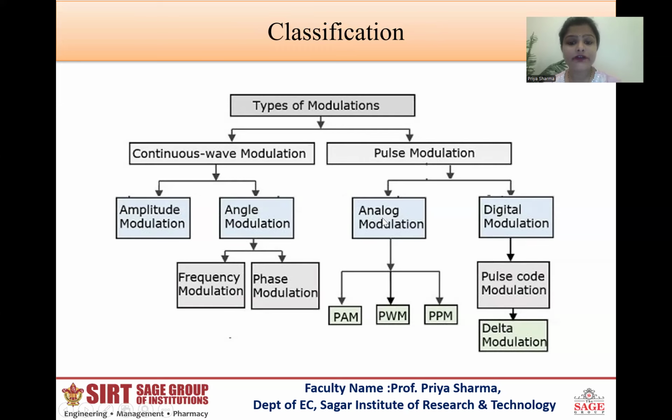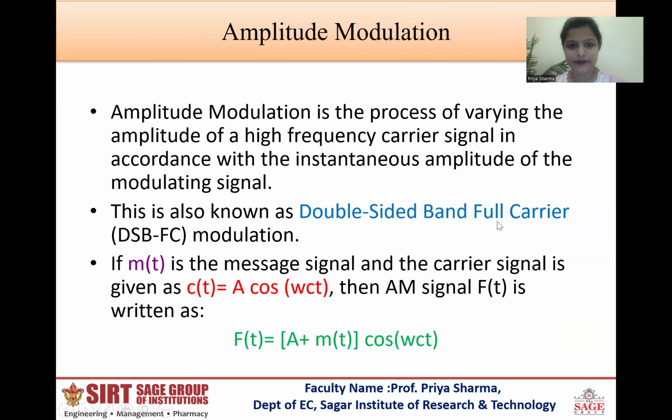In pulse modulation, we have two classifications, analog and digital modulation. In analog modulation, we have pulse amplitude modulation, pulse width modulation and pulse position modulation, that is PAM, PWM and PPM. In digital modulation, we have pulse code modulation, PCM, and DM, that is delta modulation.